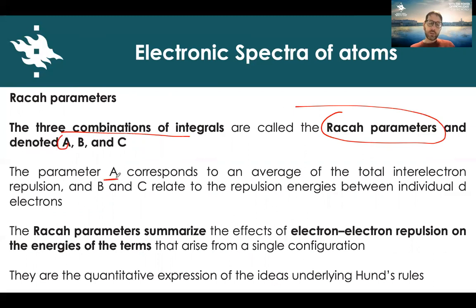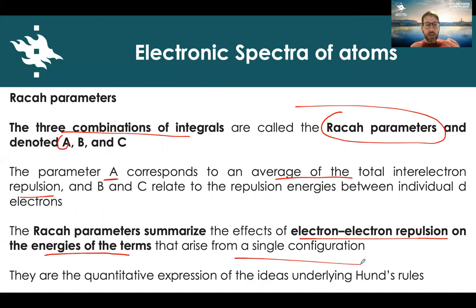The Racah parameter A corresponds to an average of the total inter-electron repulsion, and B and C relate to the repulsion energies between individual electrons. So all these Racah parameters A, B, and C summarize the effects of electron-electron repulsion on the energy of the terms that arise from a single configuration.